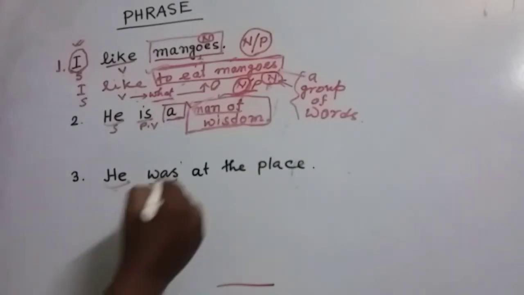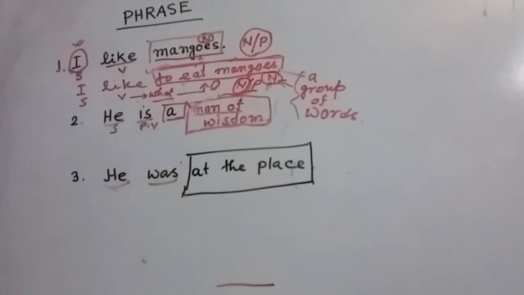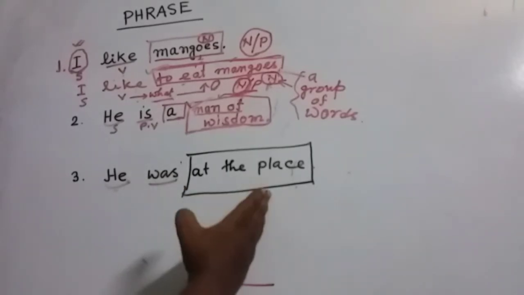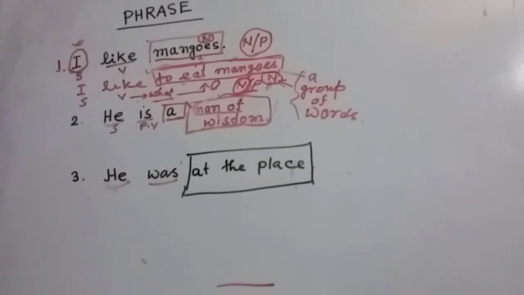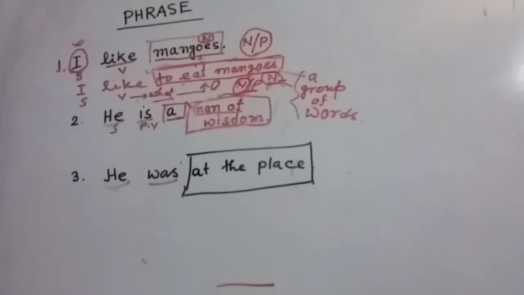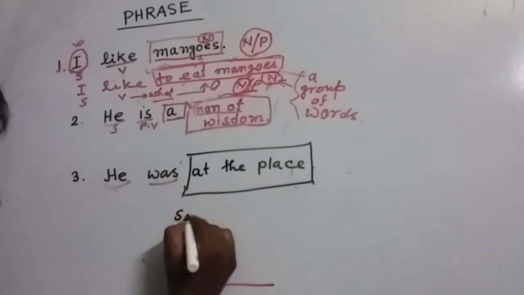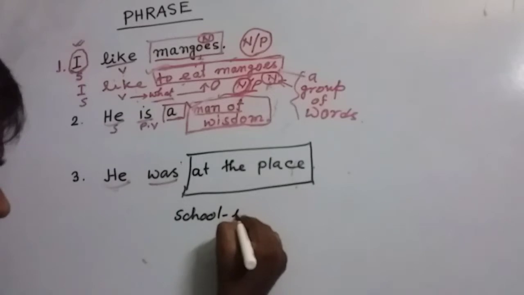So my dear friends, right now we are only thinking about this group of words. Group of words means there must be more than one word. This is the most important thing. There must be more than one word, but sometimes, my dear friends, you can see this type of words in the sentences. Suppose school going aid or school inspector.